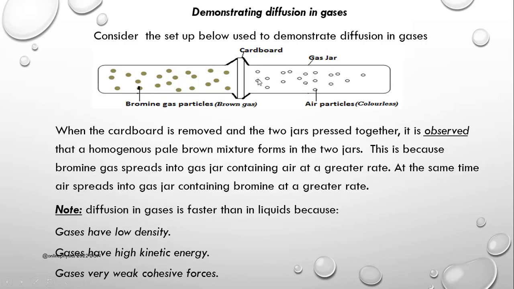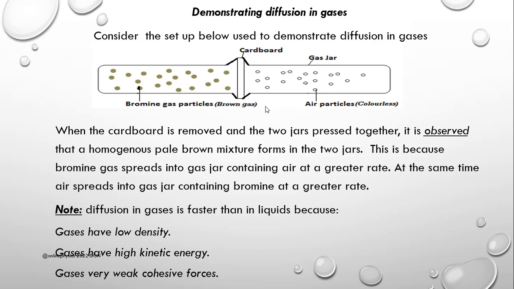Then we also want to demonstrate diffusion in gases. When we talk about diffusion in gases, we want to first of all start with considering bromine gas. Already we have looked at diffusion in liquids. Now we want to look at diffusion in gases, and we want to start with bromine gas. Under this, you can check one jar filled with the bromine gas, and then the other one has air particles.